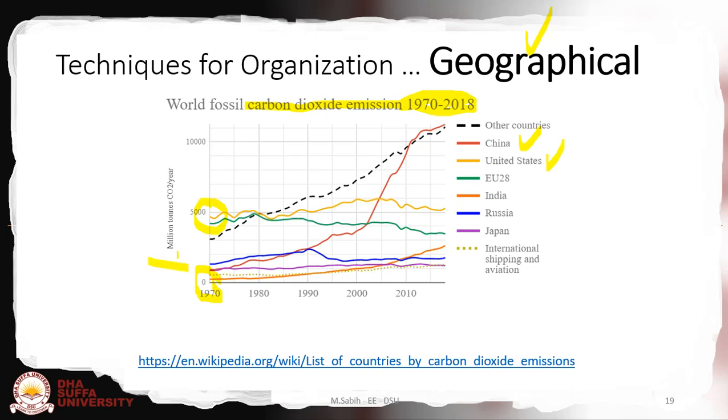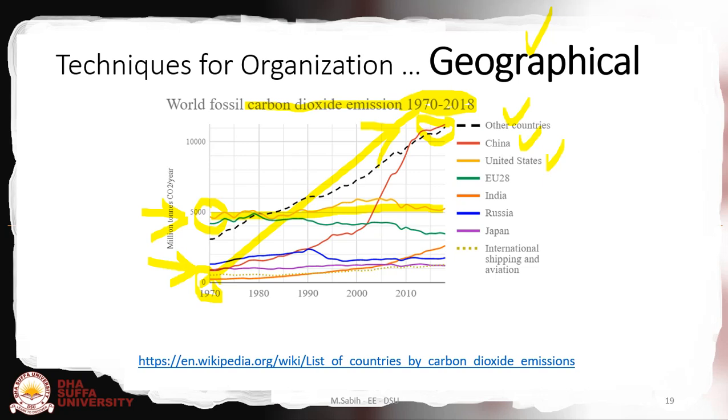The USA is quite high, but the USA has maintained regulation, it is not increasing. But China, if you see, has increased like this. And now China alone contributes carbon dioxide equivalent to all other countries. So this is another way of geographically studying things in perspective.